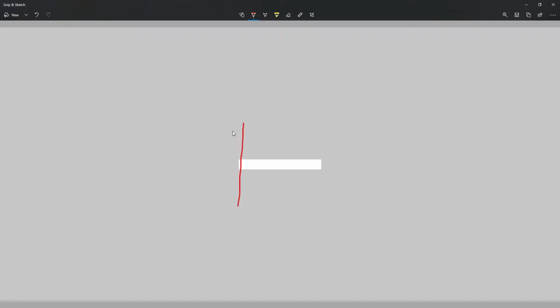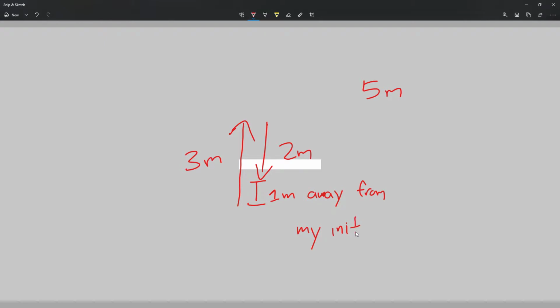I can walk 3 meters up and 2 meters down, and I travel a total distance of 5 meters, sure, but I was only 1 meter away from my initial position.